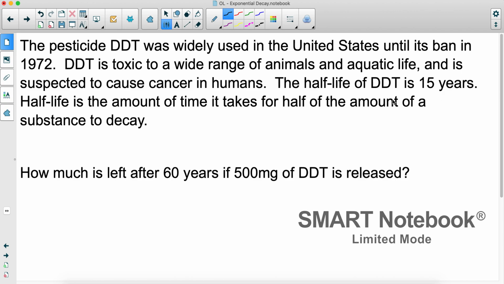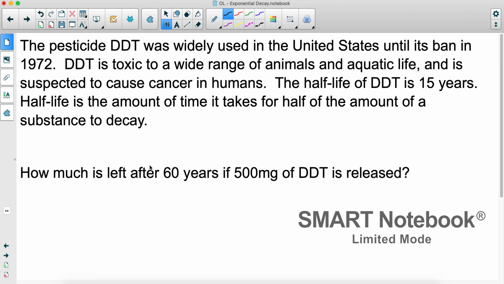And because it's just cutting by half, it is getting exponentially smaller, but it's doing so in a very long period of time. It's doing it every 15 years, and it's never going to completely run out because it's just going to half and keep getting smaller and smaller, but it's never going to actually hit 0.